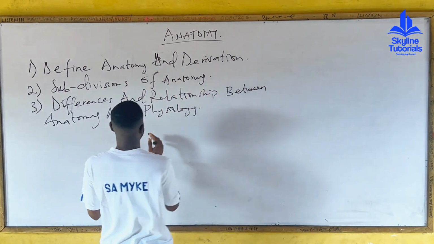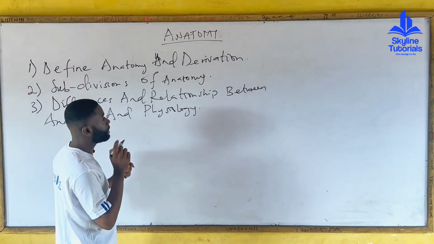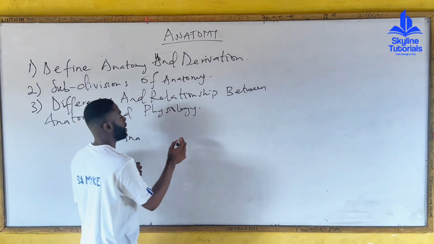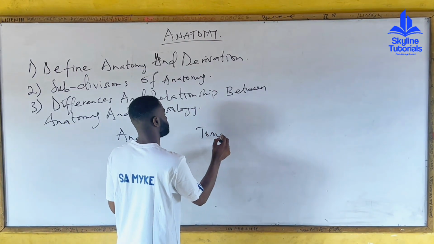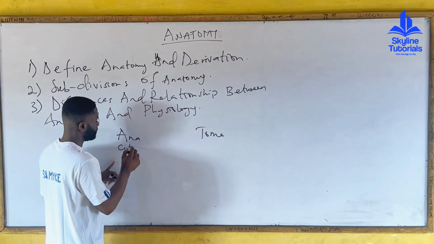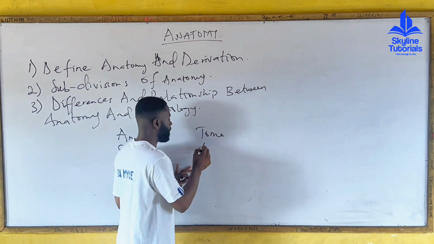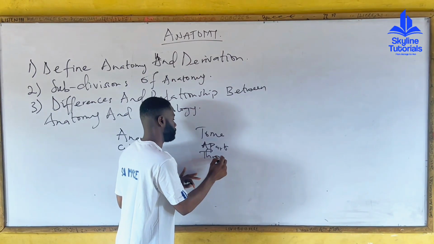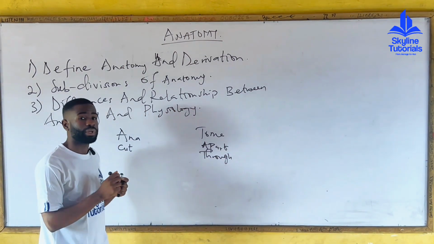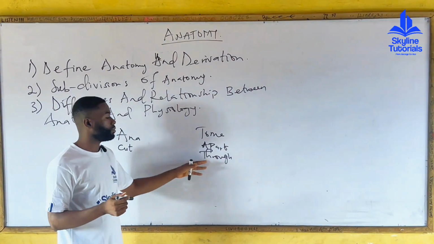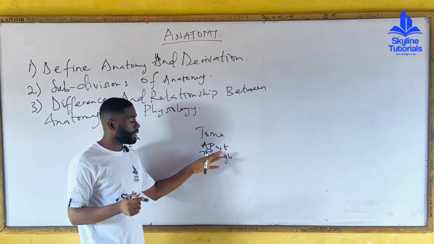Okay, the word anatomy is derived from two ancient Greek words, ana and tom. Ana here simply means to cut, and tom means apart or through. So if I join these two words together, it will give rise to cut through or cut apart.